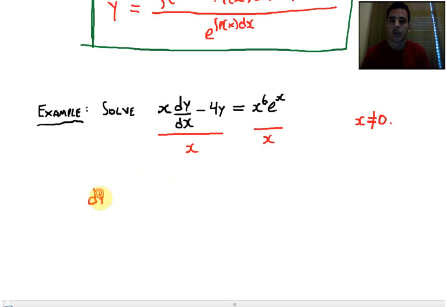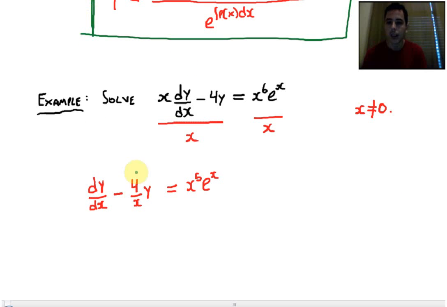So dy/dx minus 4y, well, let's put 4 over x times y. This way you can see what the p of x is. That would be negative 4 over x. On the other side, that's x to the 5th times e to the x. So this expression here is your p of x.